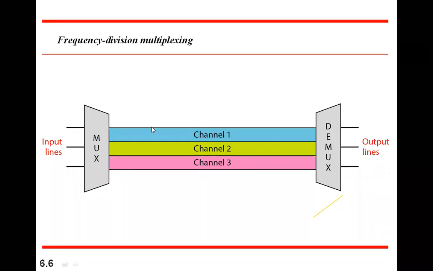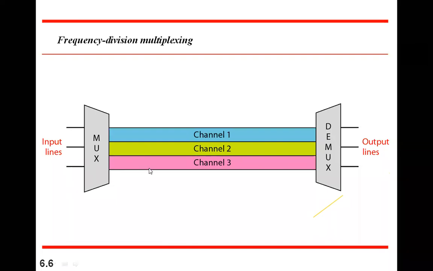So in this case, though the entire bandwidth available is a very large amount, since it is divided among each of them, each one gets a small amount. The amount of data you can transmit through a given bandwidth can be calculated using our earlier channel formula or Nyquist formula, right? It is always proportional to the bandwidth.